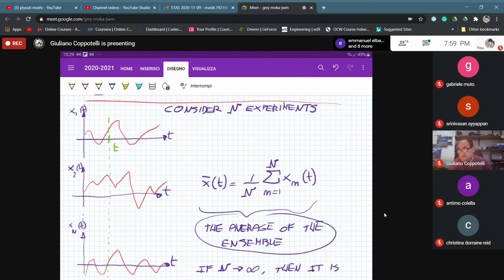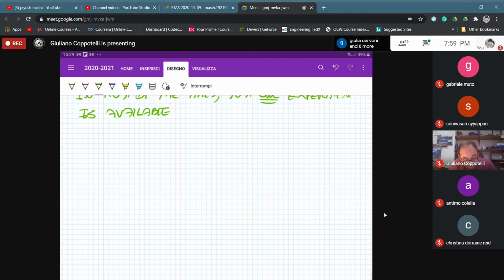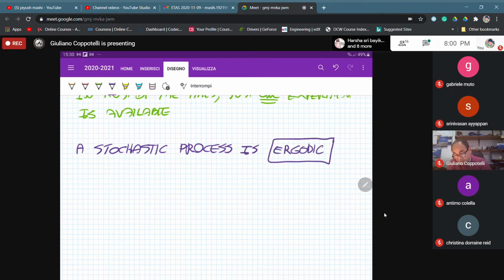What we can say is that a stochastic process is ergodic if your time average is equal to the expectation value of your x of t.